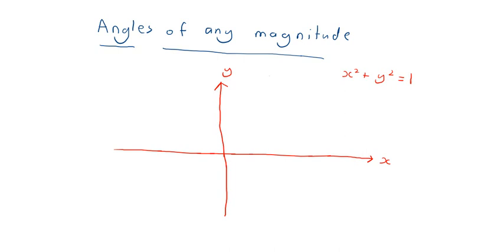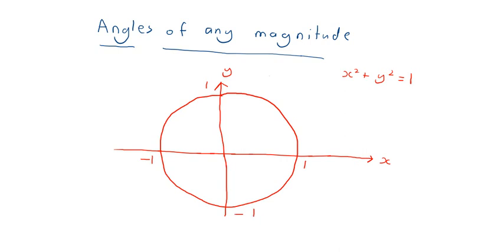Done? Okay, good. So of course you know it's a circle, and this may not be the best circle, but hopefully that's circly enough. Now this is a 1, this is a 1, this is -1, and this is -1.